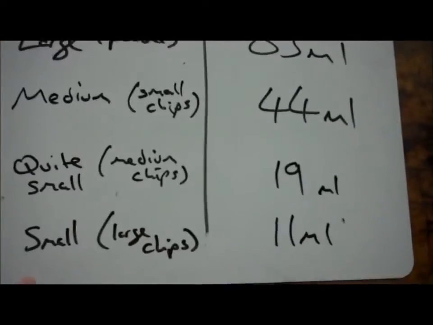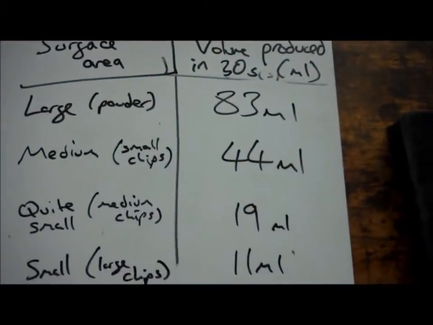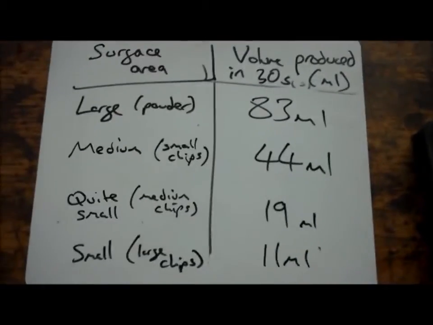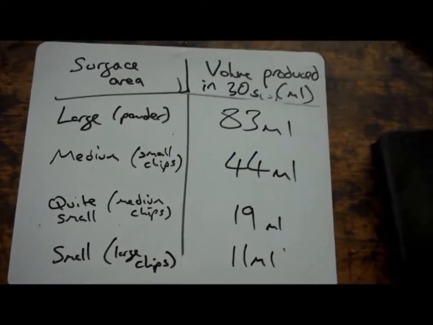So as you can see, as the surface area has got larger, the volume of carbon dioxide produced in 30 seconds has also increased. So if you increase the surface area, you increase the amount of gas, you increase the rate of reaction.